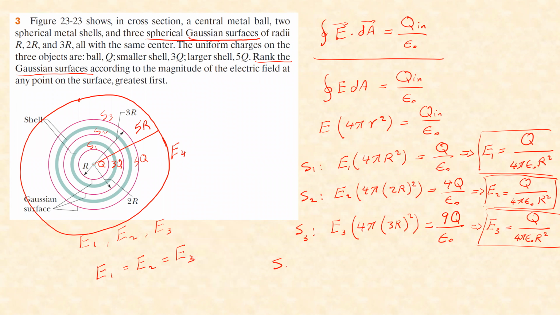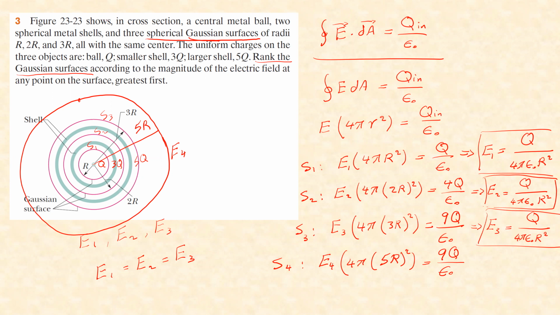E4 times 4 pi, for S4, so E4 times 4 pi times 5r squared, equal to, what is the charge inside? It'll be the same ones, 9Q. That's right, the same, 9Q divided by epsilon naught.